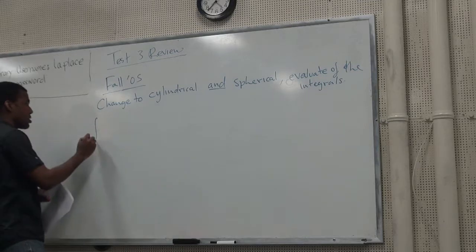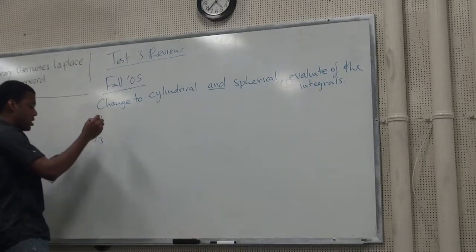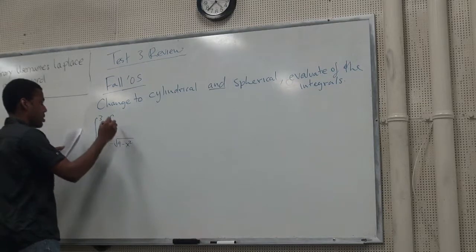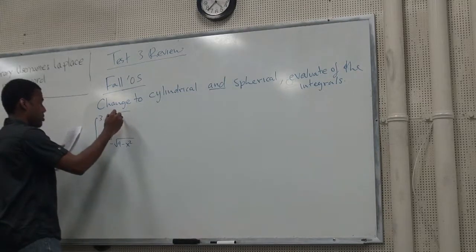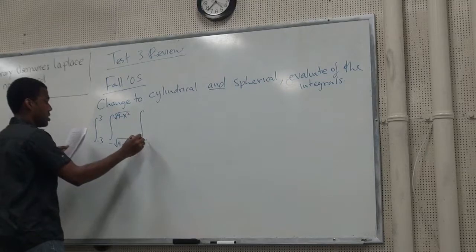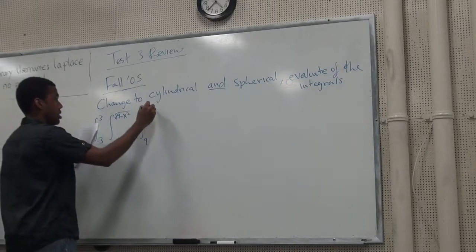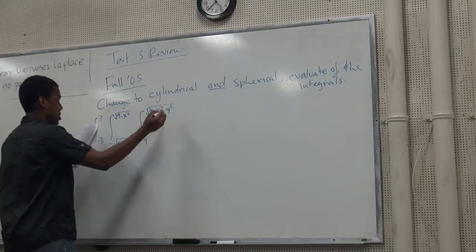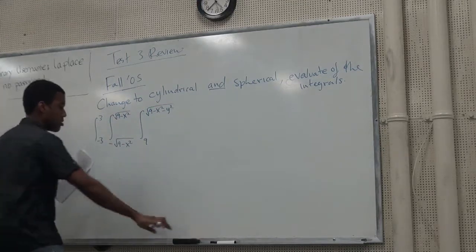And the given integral is -3 to 3, square root of 9 minus x squared, and then 0 to square root of 9 minus x squared minus y squared. Oh, sorry, that's 0.